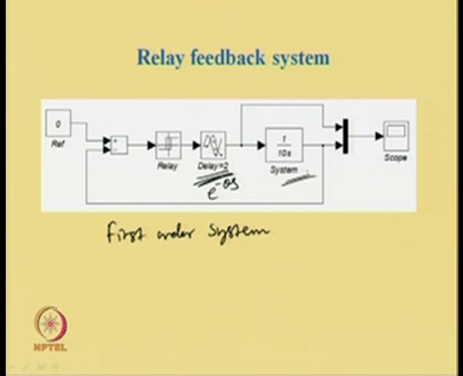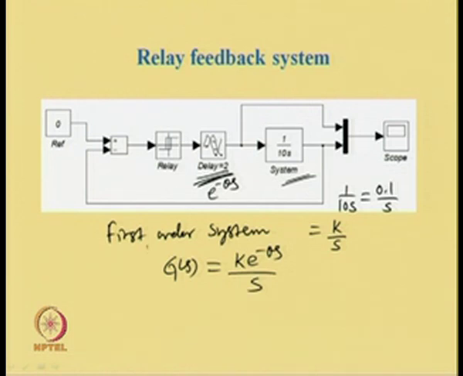Therefore, the same system can be written in the form of 1 upon 10 s, which is 0.1 upon s. Therefore, I can use some velocity gain k upon s. Then the whole system can be represented in the form of k e to the power minus theta s upon s. So this is a first order system.